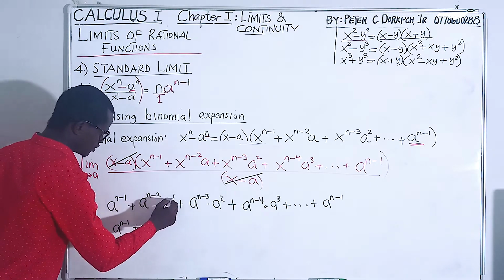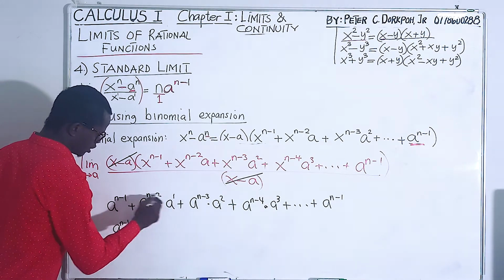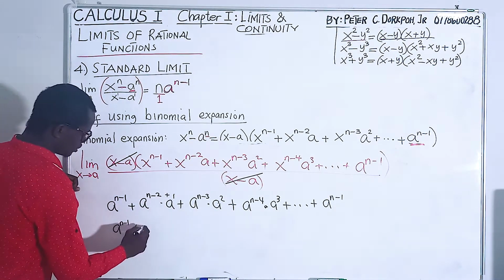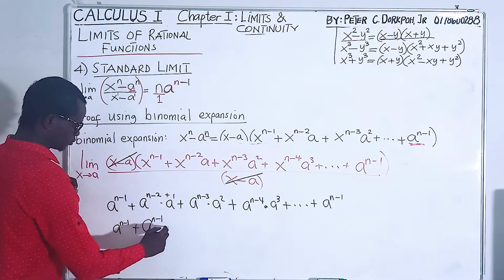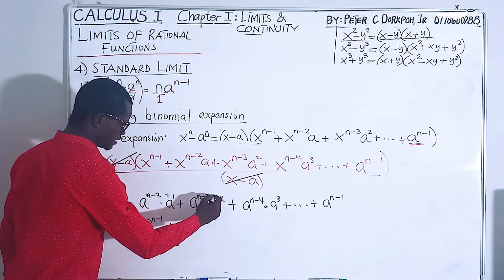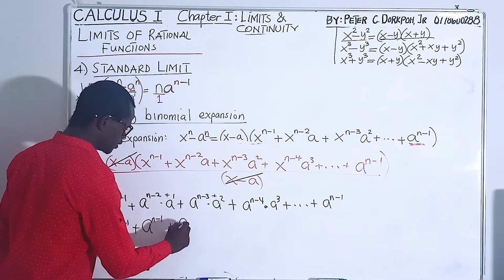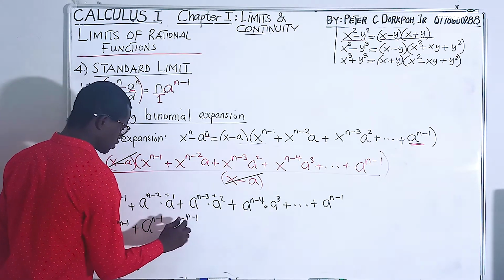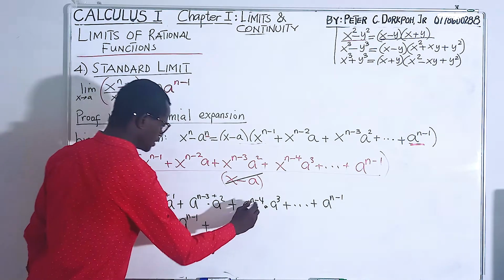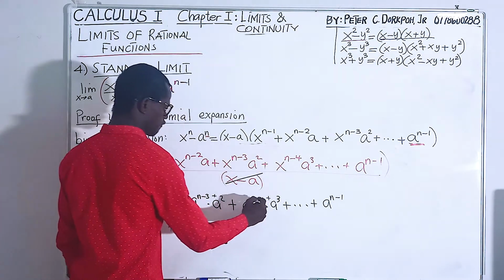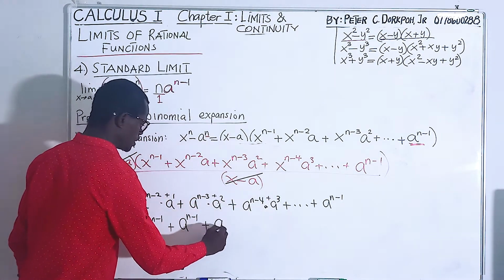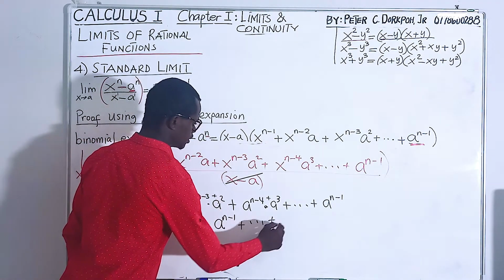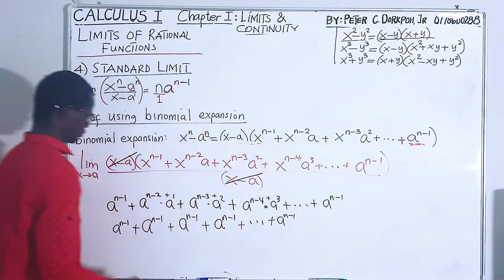Now the second is like saying n minus 2 plus 1, because we add in the powers, so it will just be n minus 1. Plus the same thing, you add in these two powers, so it will just be n minus 1. This will also be, if you add negative 4 plus 3, a raised to the power n minus 1, plus dot dot dot a raised to the power n minus 1.